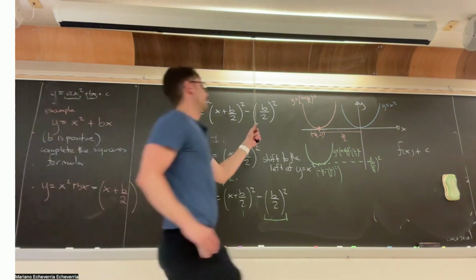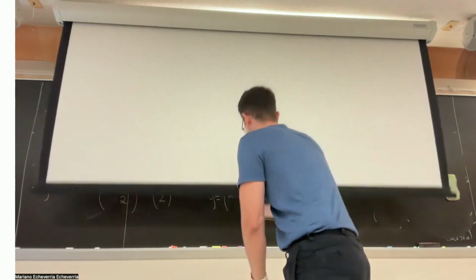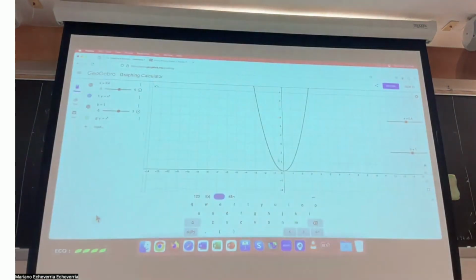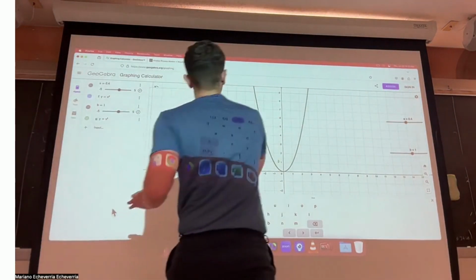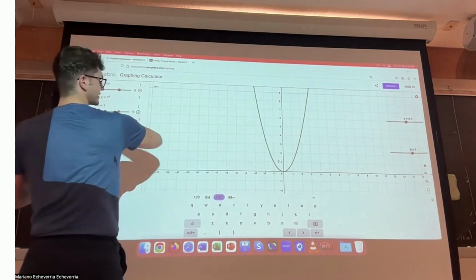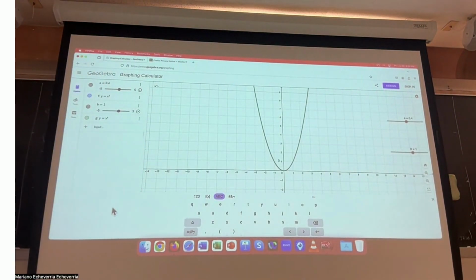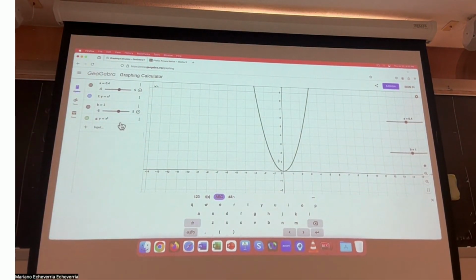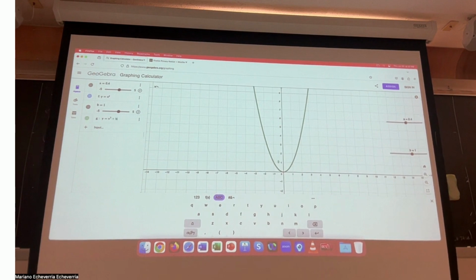So I have the original parabola, which is y equals x squared, and I'm going to plot for you y equals x squared plus bx.